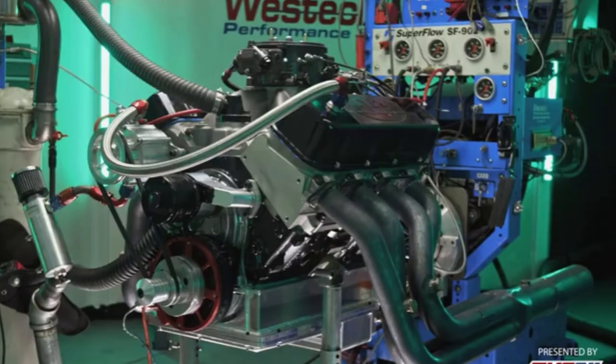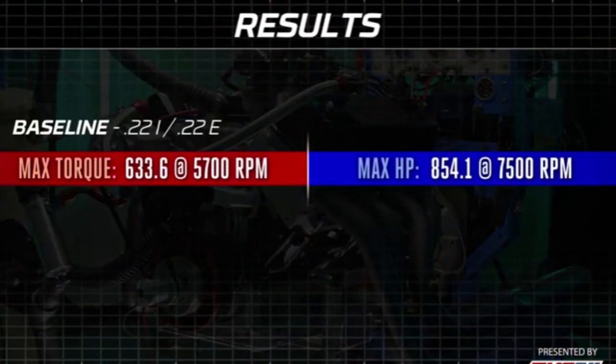Performed as expected. That was a good number. So there's our baseline, pretty much as expected. 633.6 pound-feet of torque at 5,700 RPM and 854.1 horsepower up at 7,500.